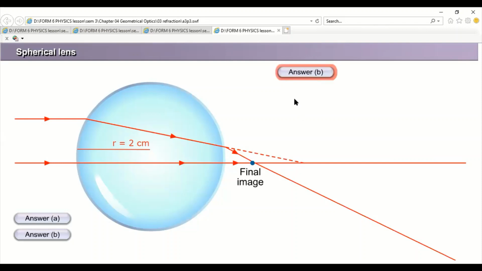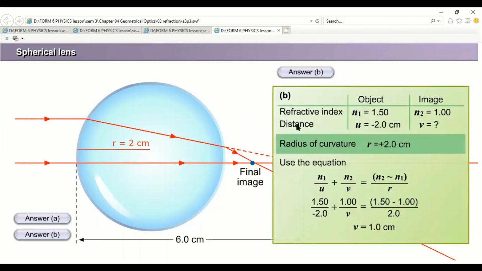The image will be reflected again by this side of the curved surface. After that, it will form the final image here.